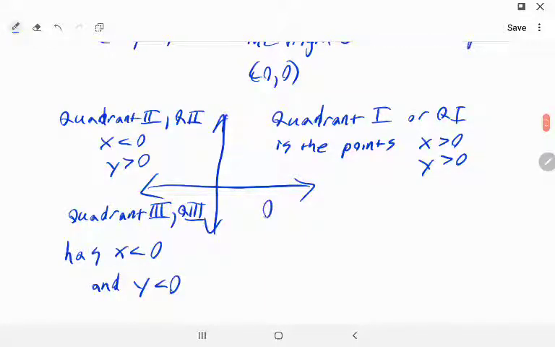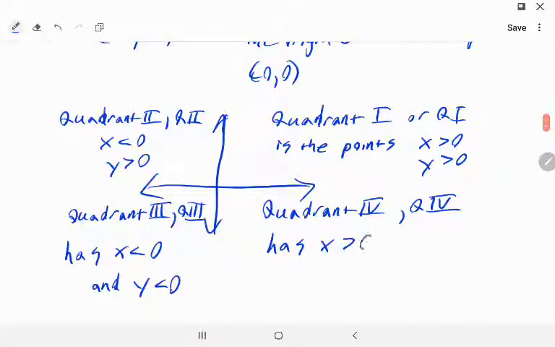And then quadrant 4, unsurprisingly, has x greater than 0, y less than 0.